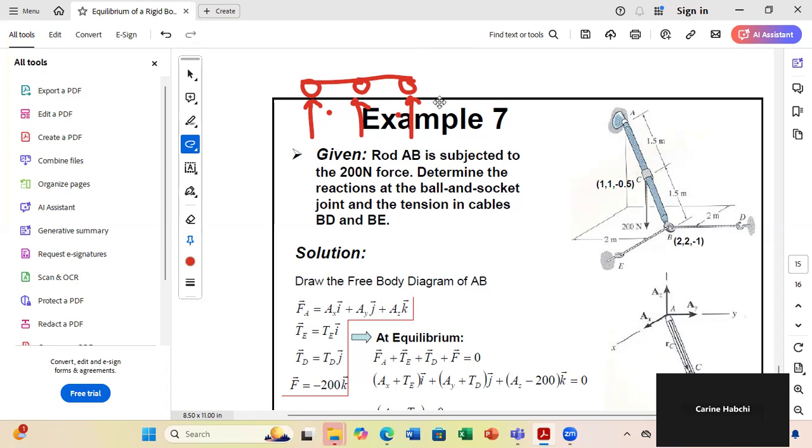Let us solve this equilibrium problem. Rod AB is subjected to the 200 Newton force. Determine the reactions at the ball and socket joint and the tension in cables BD and BE. The ball and socket, what did we say it is?